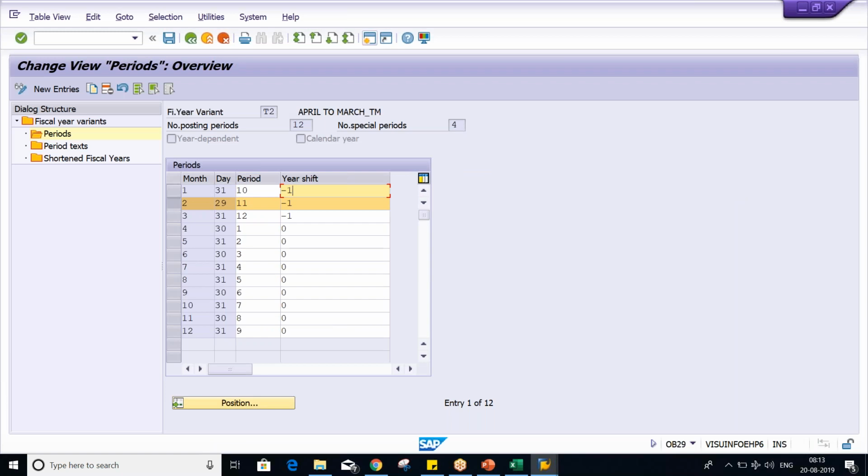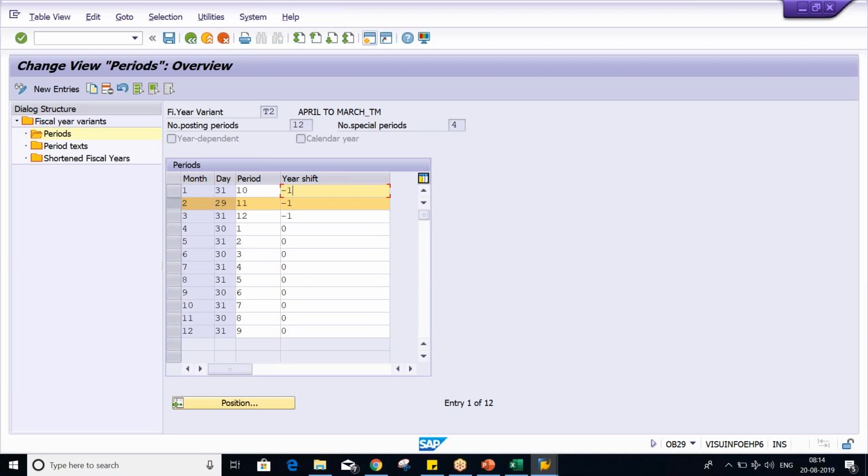Year shift is used for what, guys? For calculation of the actual financial year. Actual financial year, what is happening? Because in a non-calendar year, certain portions of the months, certain periods, are falling in a different year. Even though we are in 2019, one quarter, in the sense January, February and March, the last quarter, is falling in a different year.